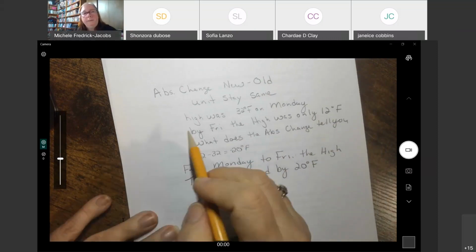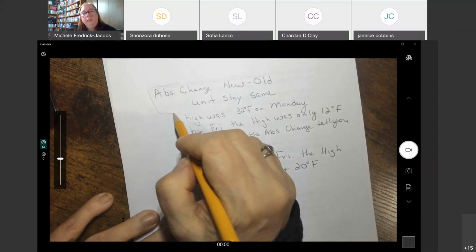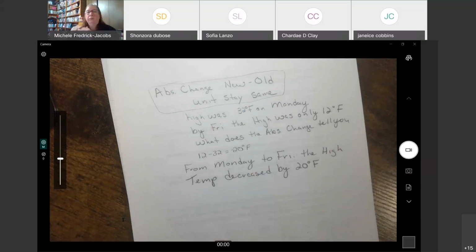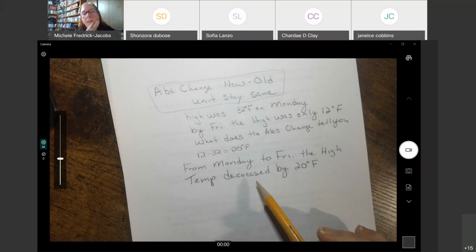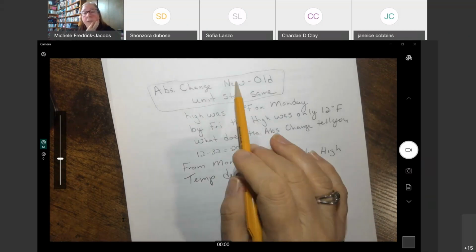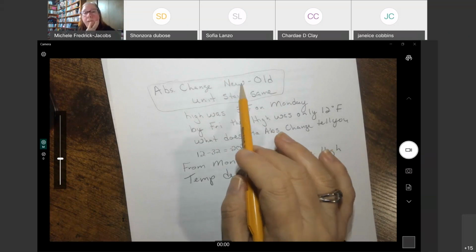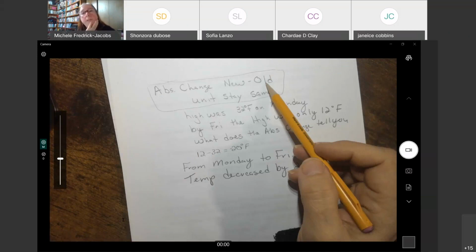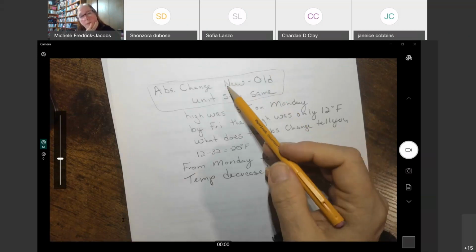But I would have absolute change written on your formula sheet. And then a negative tells you it's a decrease. If it's positive, it's an increase. So which way you subtract them matters. This is the older value or the original value, and this is the newer value.